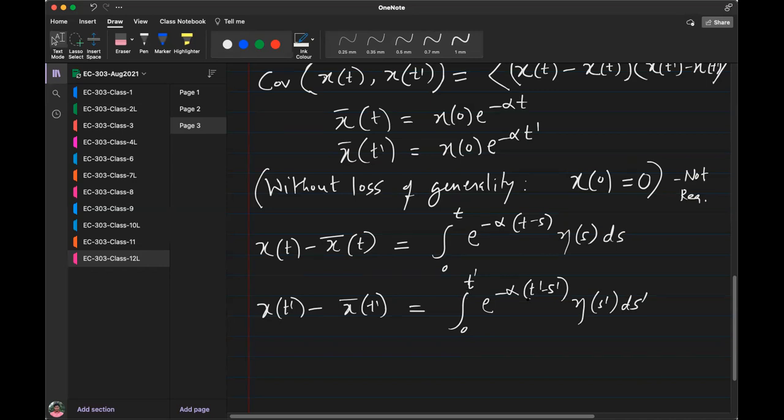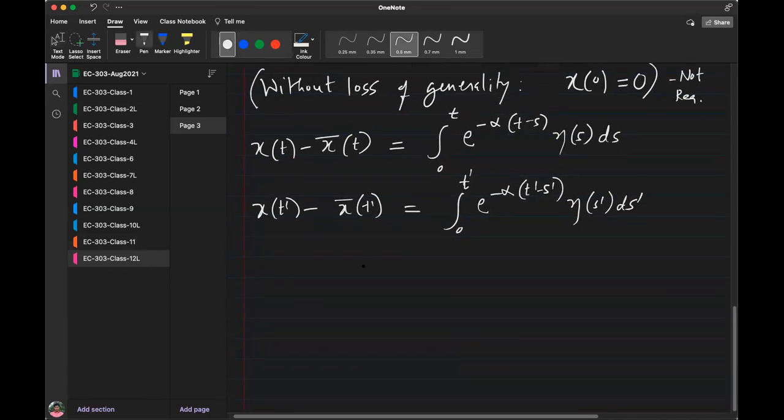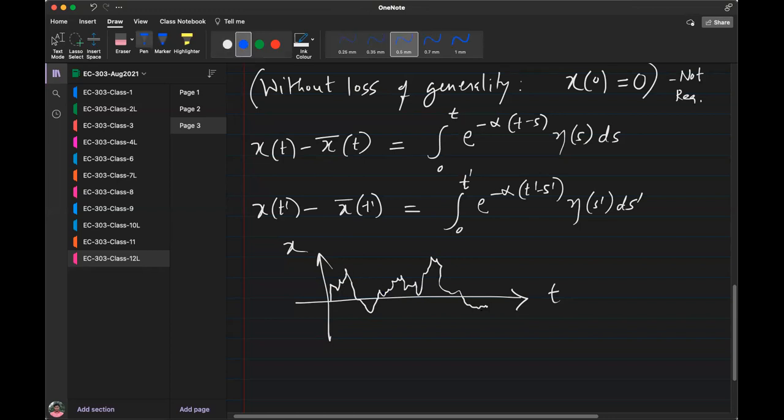So let us try to intuitively think, what are we really trying to do with this covariance calculation? As you know, we are interested in the stochastic process x changing over time. It's probably doing something crazy like this. Okay, my graph doesn't probably look very nice. We have identified some time point t here, another time point t prime here.